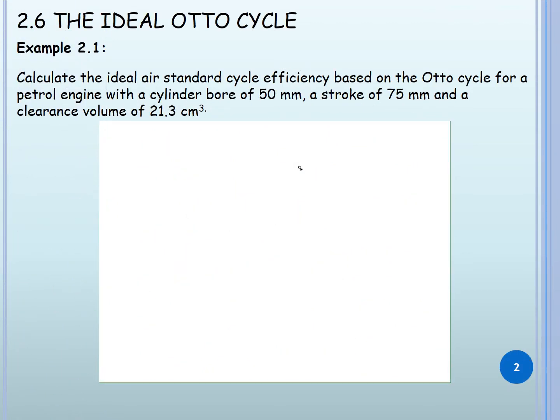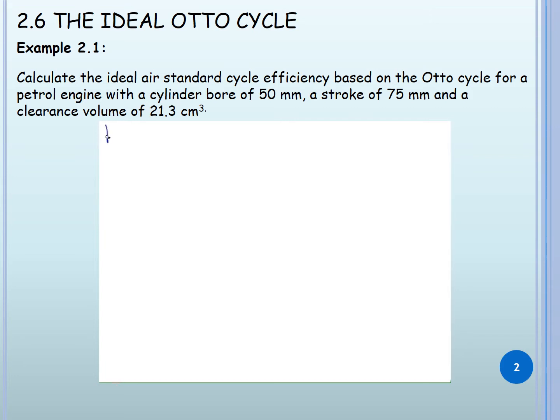Okay, so example 2.1 wants us to find the thermal efficiency for an ideal Otto cycle. We know that we have two formulas for thermal efficiency.